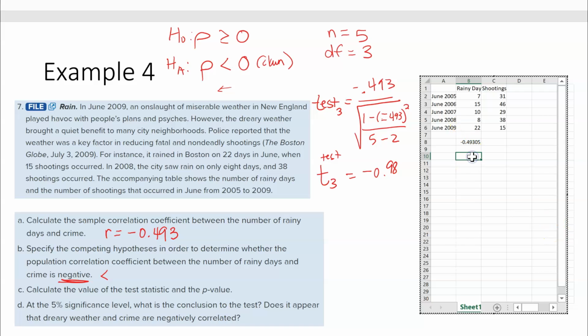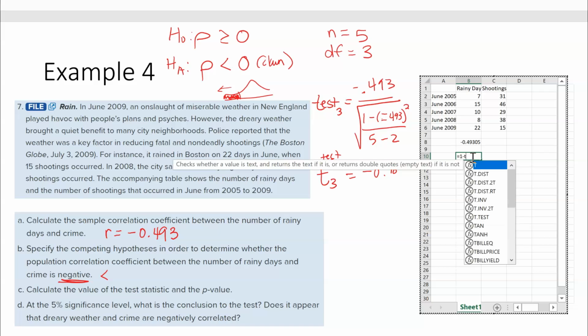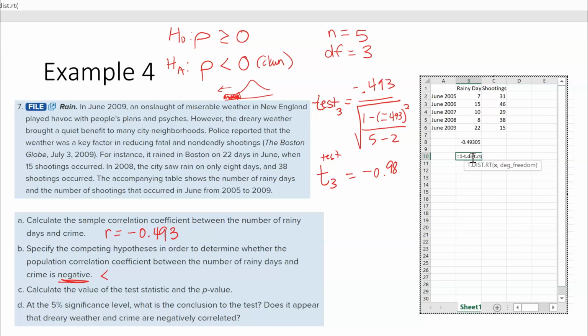And if you remember, the t-distribution is the reverse of the normal distribution when we're shading, so it's the opposite. So for our t-distribution, we've got negative 0.98, and our degrees of freedom is 3. So when we get that back, we get a p-value of 0.1997. Okay, so we got that.